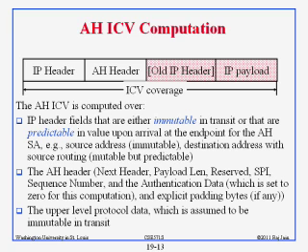So the problem is that some fields do change. For example, in the IP header there is a hop count field which is decremented at every hop. Time to live, it's called TTL. Right? It changes at every hop. So that is not included in the ICV. Okay, you zero out that field before you do the ICV.